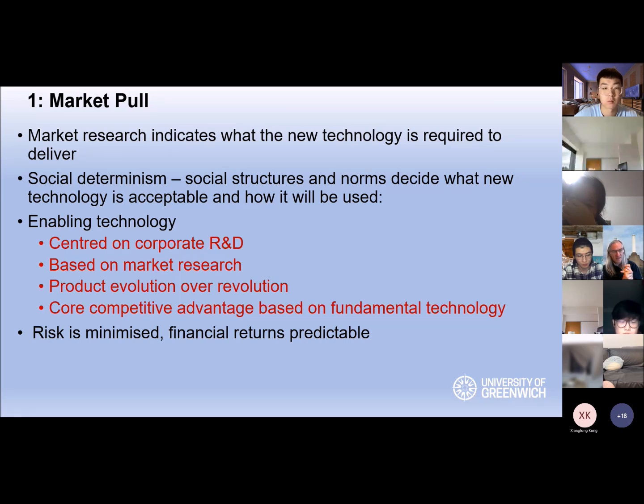Okay, so market pull tends to be based instead on corporate strategy, corporate R&D strategy, market research. You're evolving products, so you're going iPhone 14, 15, 16, 17, rather than coming up with a whole new product. Apple Watch, not very popular, about 5% of Apple sales. It's a new product, nice idea, but no one was really, or few people were really asking for it.